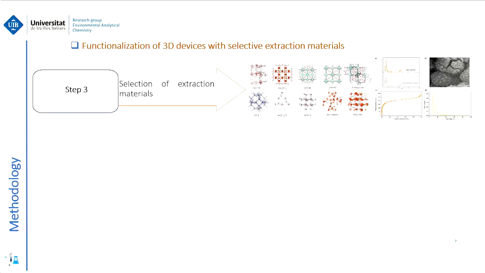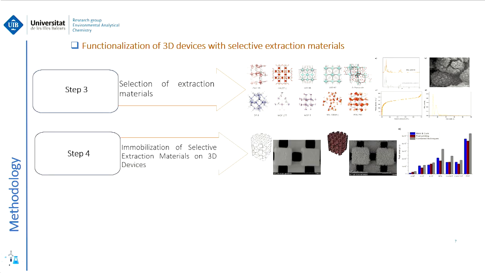Then, the next step is to select the extraction materials, or advanced materials, to coat this device. Here the first one is without MOF, for example, and the second one is with MOF.